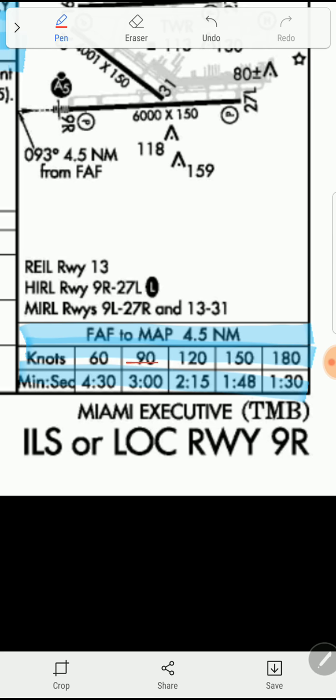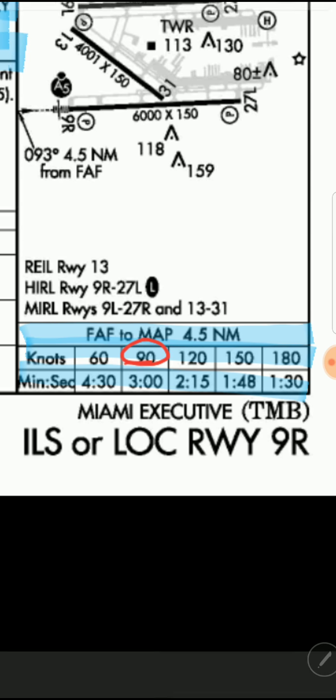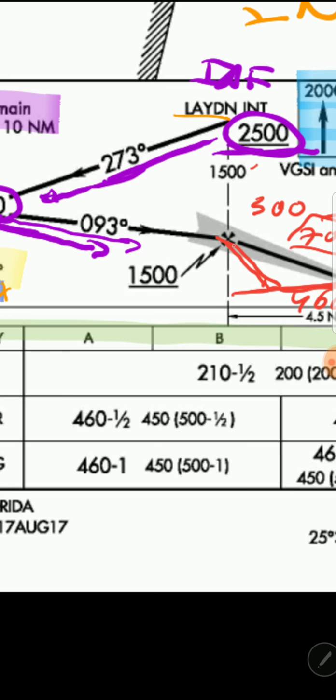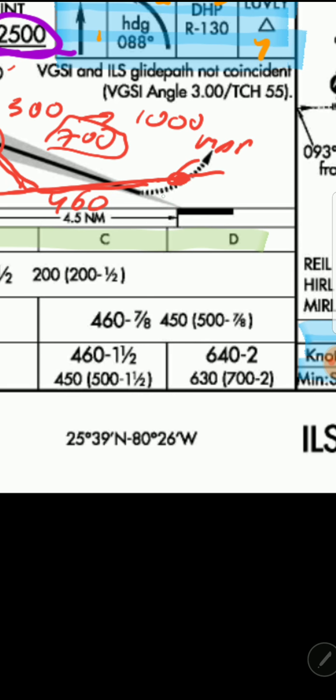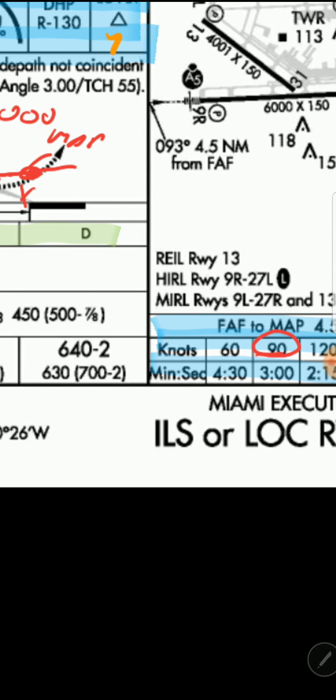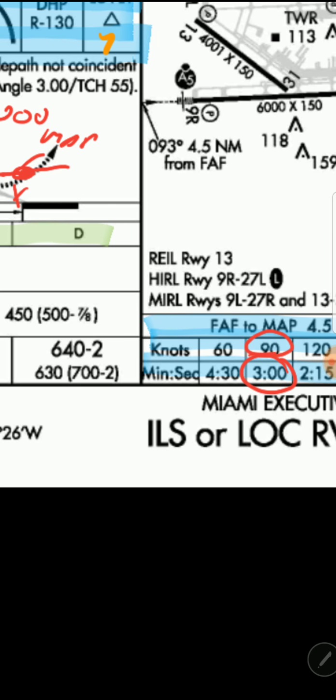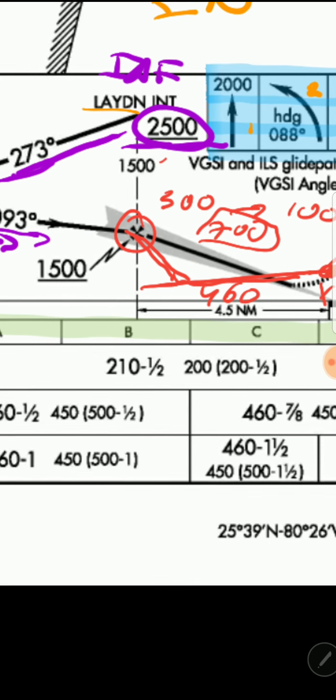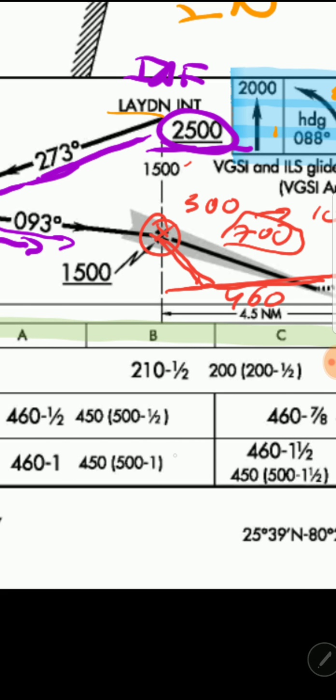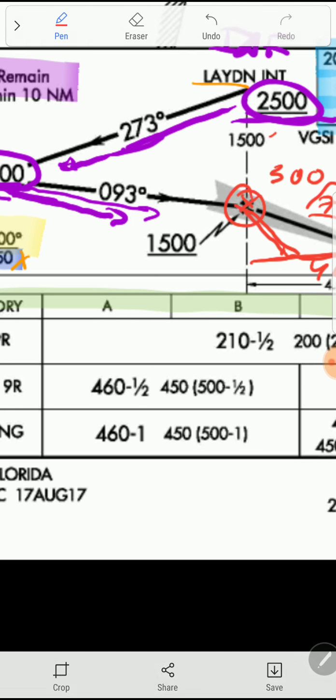As an example, we are approaching at 90 knots. From the final approach fix to the missed approach point that is somewhere around here, it will take me 3 minutes. What this tells me is, the moment I cross this fix and I start descending, I have to start my timer.